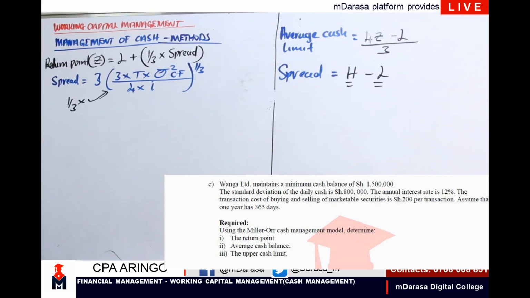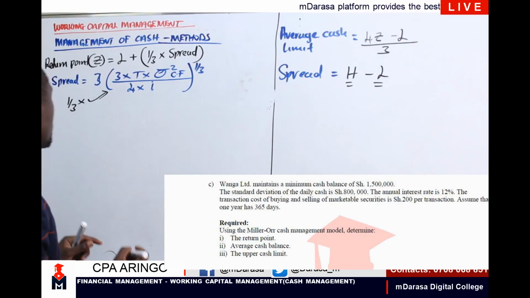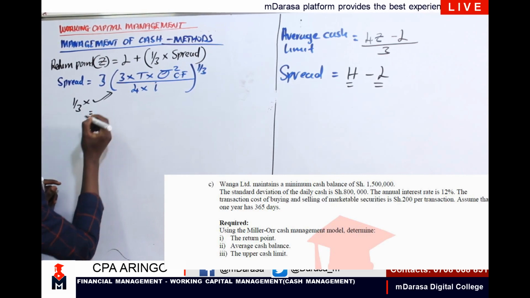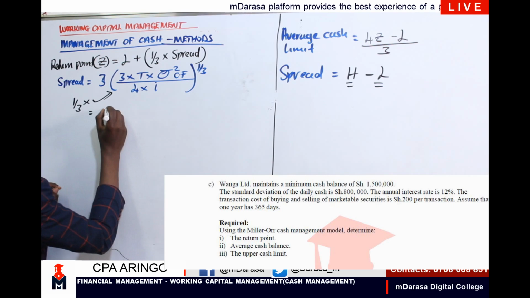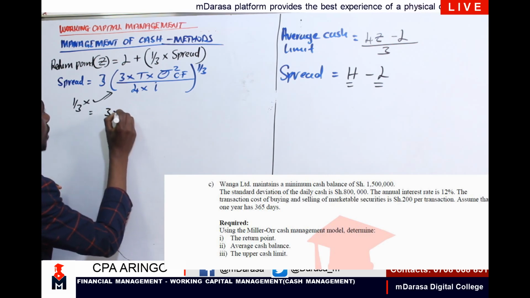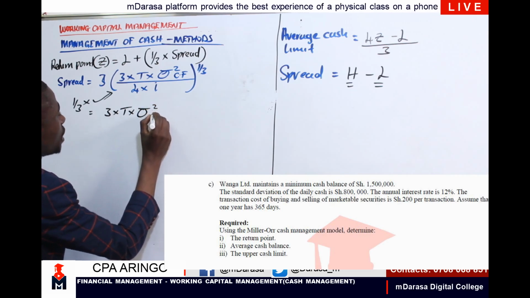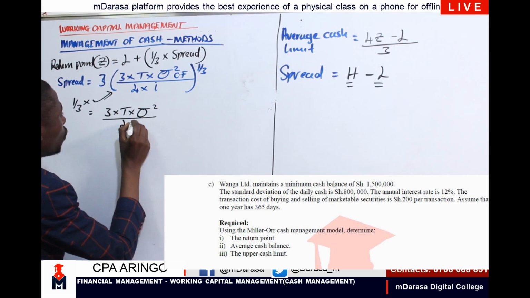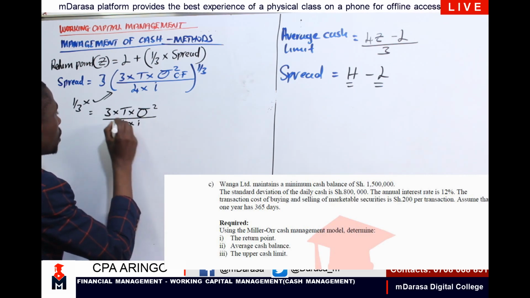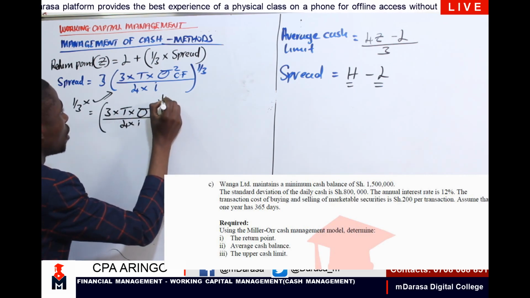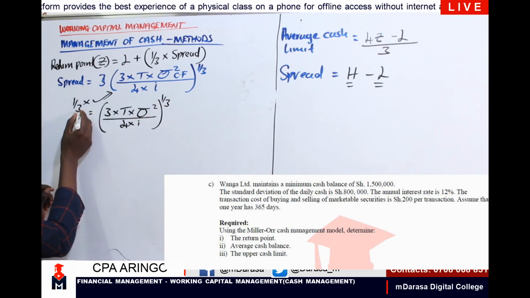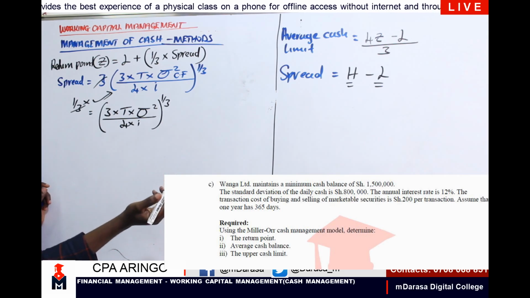I want us to agree that if I take a third of this, it is as if I'll be having 3 times my transaction cost times my standard deviation squared over 4 times daily interest raised to the power a third. Why? Because if you talk of a third, this will cancel each other, right?